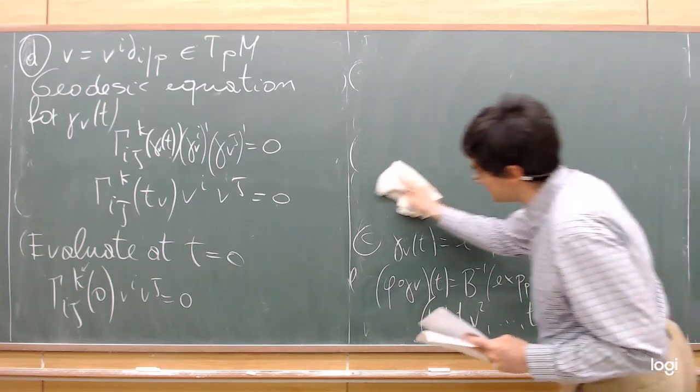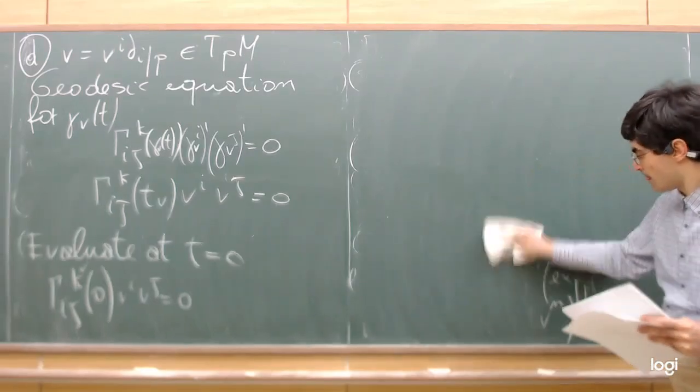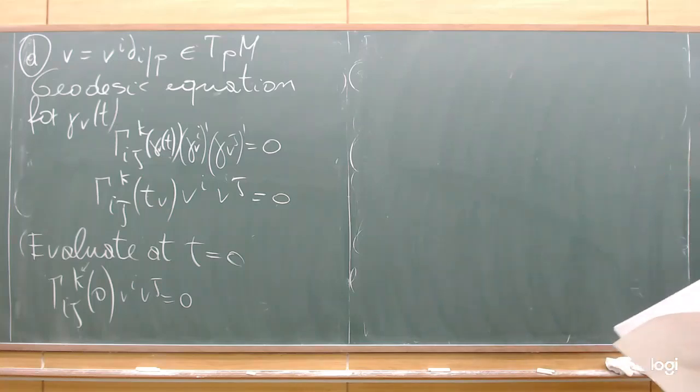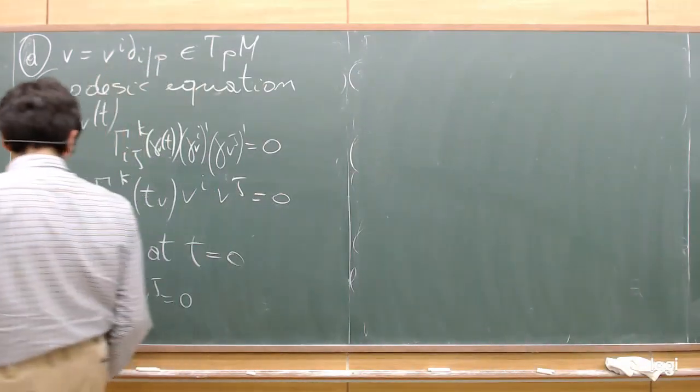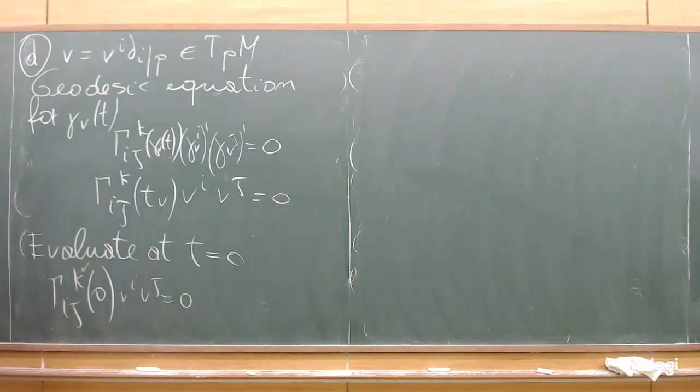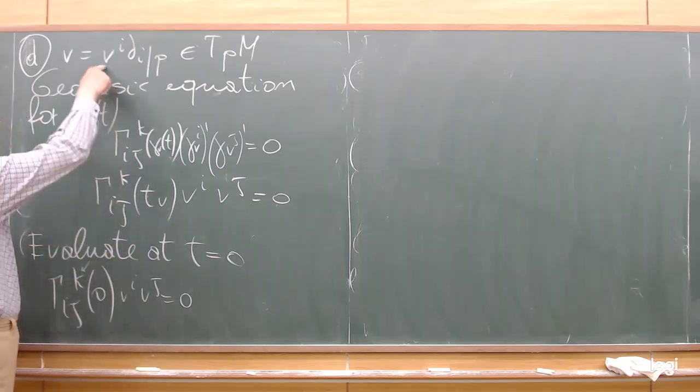The fact that this is 0 can be proved choosing appropriately v.